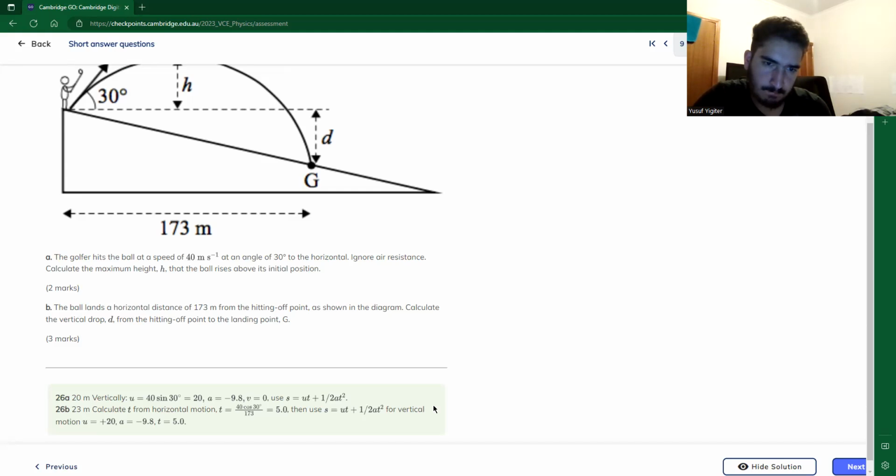I'm a bit skeptical because I cannot really understand. 5 seconds is the total time, so that total time's from here to here.